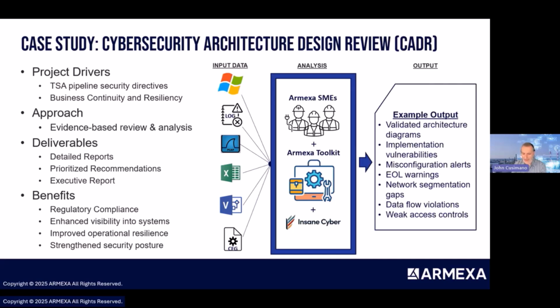At the end of the day, the deliverables are reports, prioritized recommendations to mitigate and/or improve security, and an executive report out. The benefits to the company are improved regulatory compliance, of course, meeting the requirement, but also much improved visibility into their systems, improvements to operational resilience, and an overall strengthened security posture.